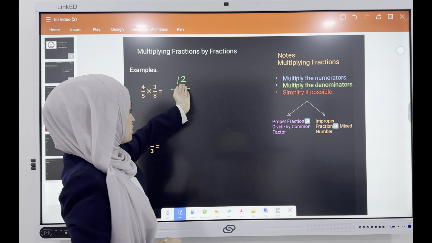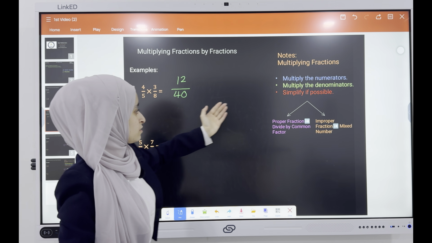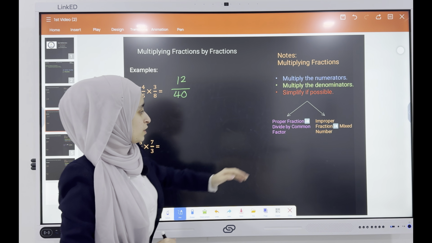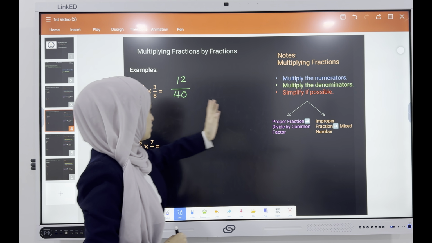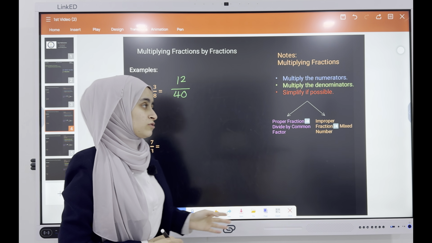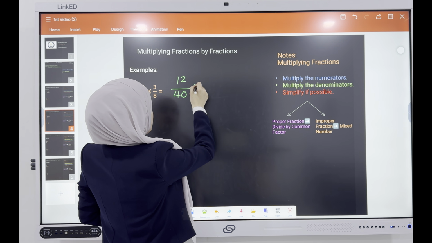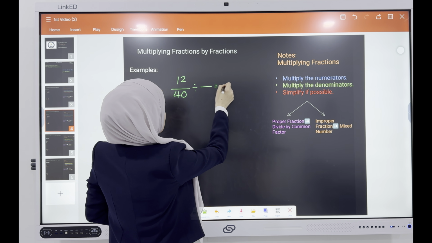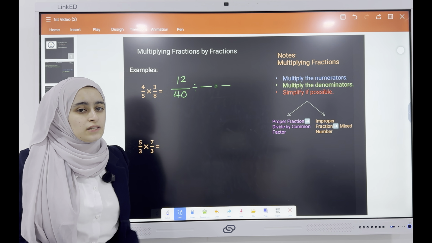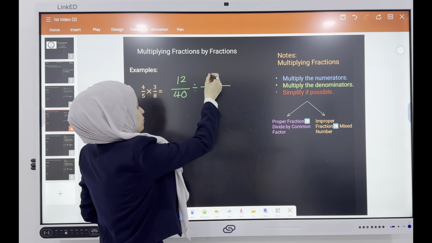Multiply numerators, multiply denominators, and then simplify if it is possible by these 2 ways, proper and improper. 12 over 40, is it proper or improper? It is proper, so it means we can divide it by a common factor. So which common factor do we have between these 2 numbers? We have 4.